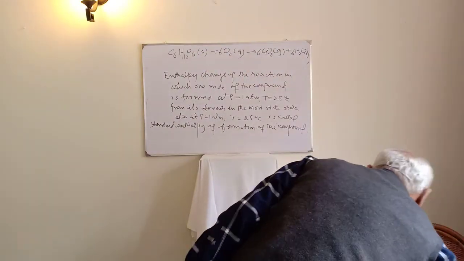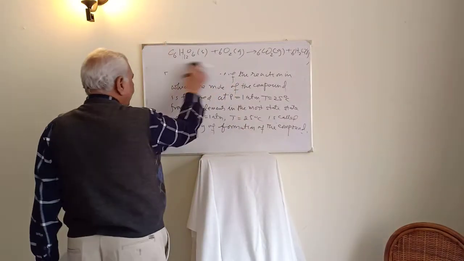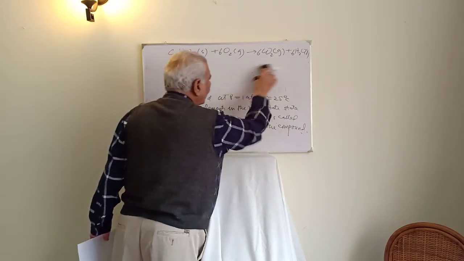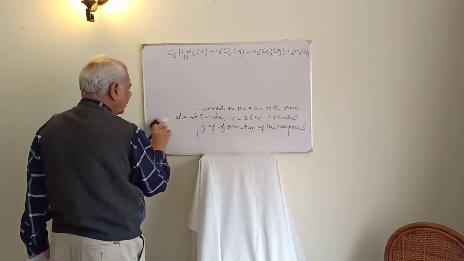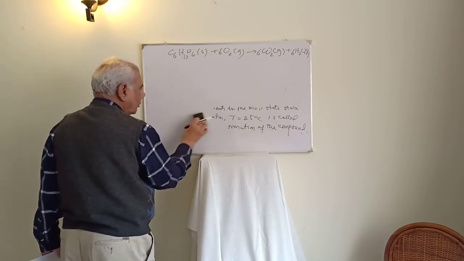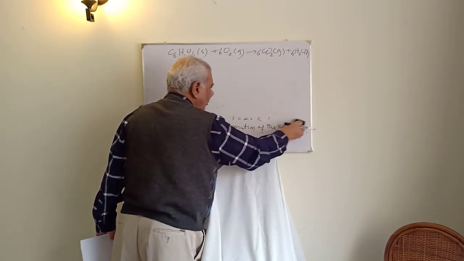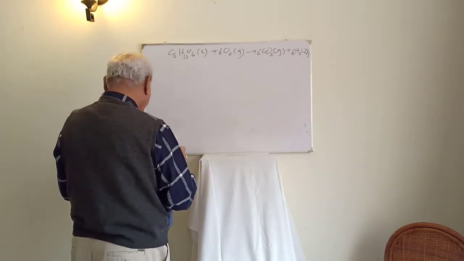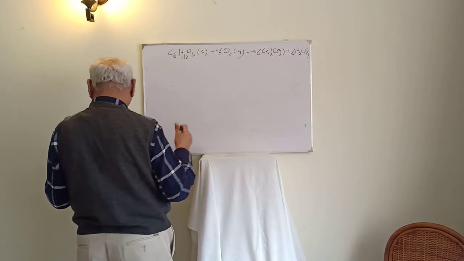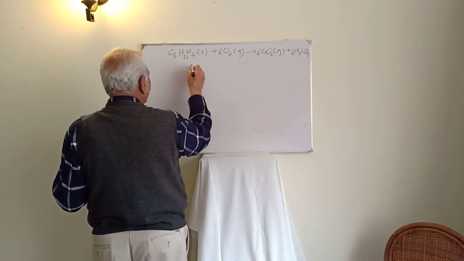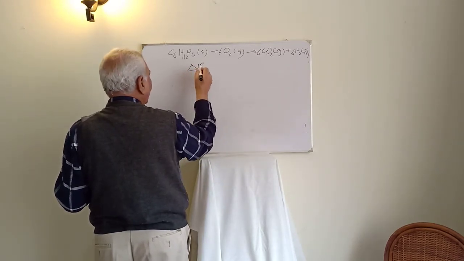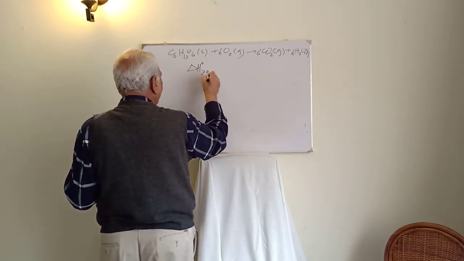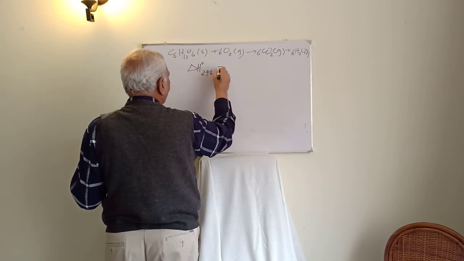Okay, now for this reaction, what is delta H naught 298 of this reaction?